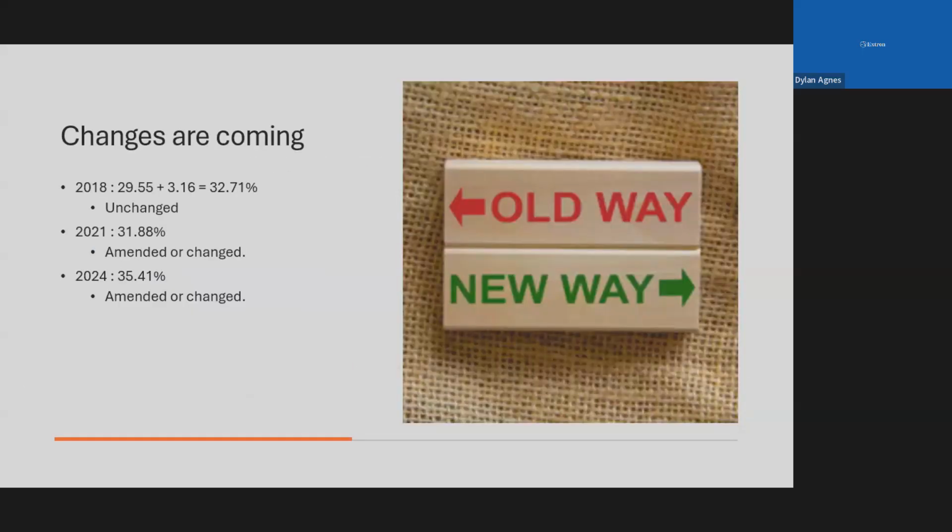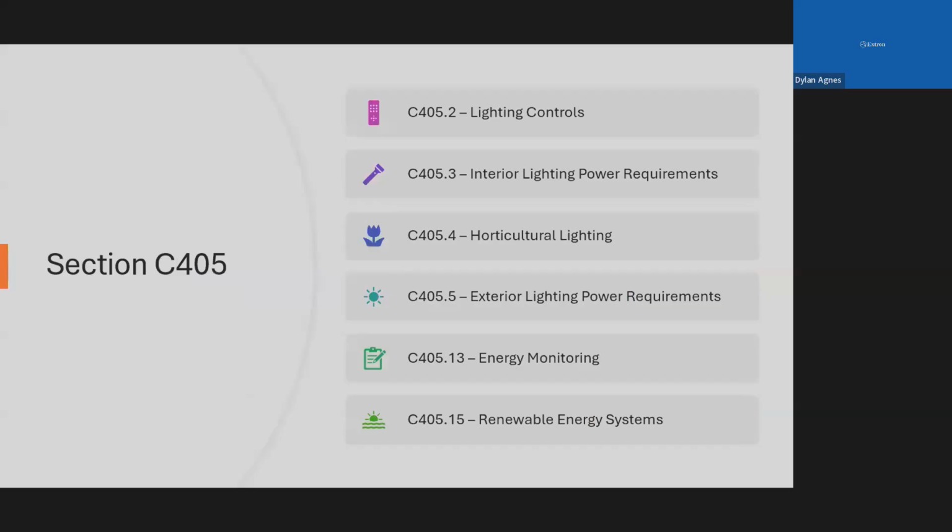But speaking of that, through my rough analysis, there's about 32.71% of the 2018 code for lighting that is not changed. And then 2021 amended or changed 31.88%, and 24 amended or changed 35.41%. So quite a bit of changes going from both versions.